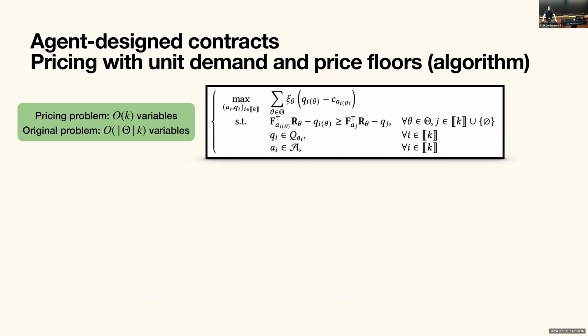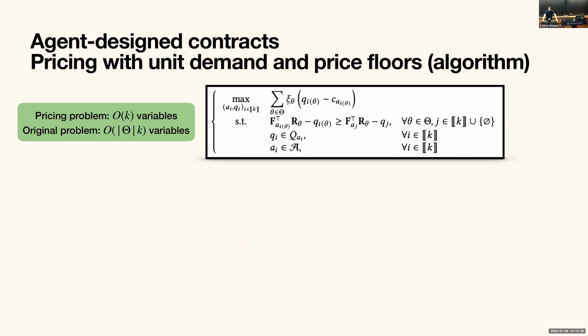Crucially, this is very important computationally because now this problem has only a number of variables which is linear in the number of items that we want to sell, while the original problem also depended linearly on the number of types.